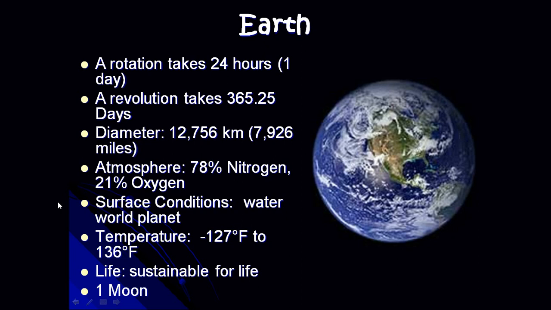The surface conditions entail it being our water world planet. The temperatures vary between negative 127 degrees Fahrenheit, which is definitely cold, and 136 degrees Fahrenheit, which is much warmer. And those are the extreme conditions, but all in all, the temperature is definitely great for sustaining life. So therefore, we live here.